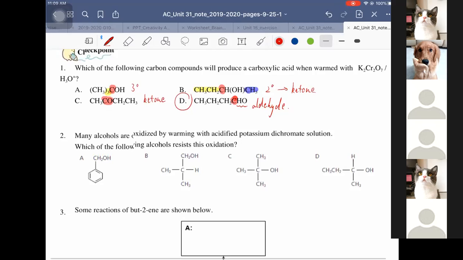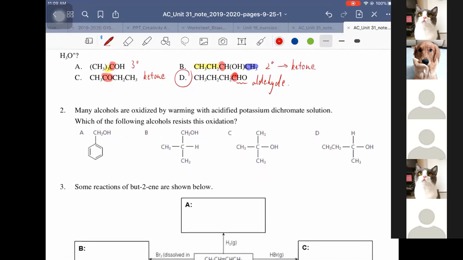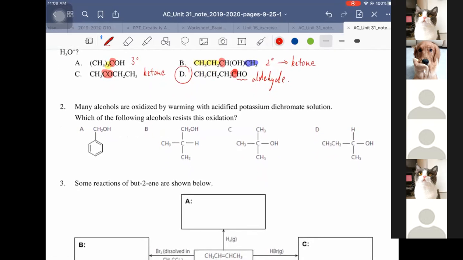Second one: many alcohols are oxidized by warming with acidified potassium dichromate solution. Which of the following alcohols resist this oxidation? For this one, we need to find the tertiary alcohol, because tertiary alcohol cannot be oxidized using acidified potassium dichromate.